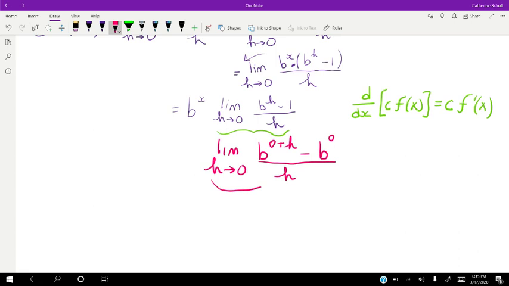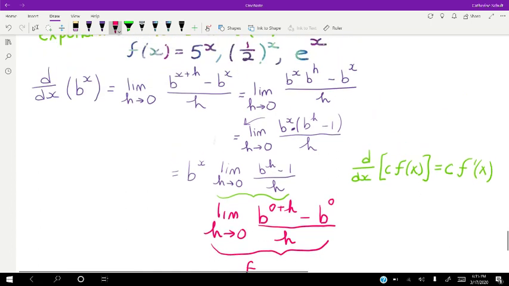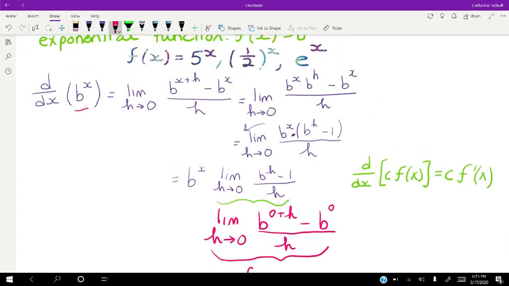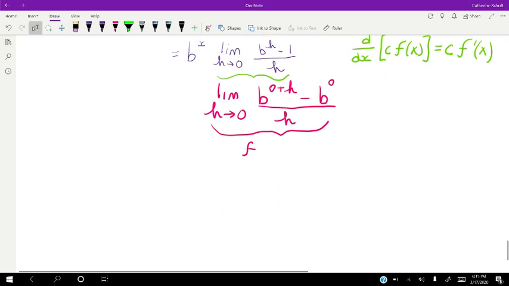Well, now what I just manipulated is the derivative of our b to the x function at x equals 0. And then we have our b to the x that we bring down each time.